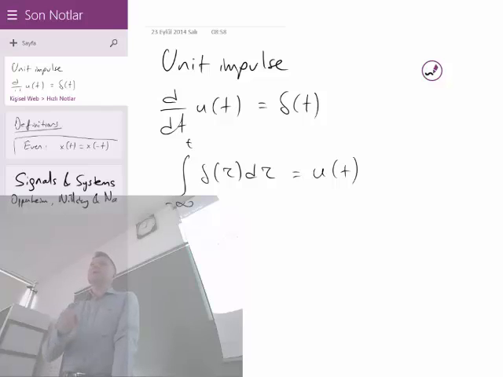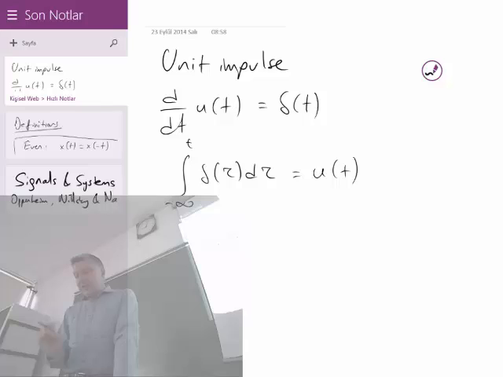If you write delta t dt, then is it the variable of integration or is it the limit of the integral? It will be confused. So that's why I use a different notation. By the way, this happens to be the Greek letter tau, which is analogous to t, but in order not to confuse t with t, I use tau. You could use lambda, for example. That's what you can do.